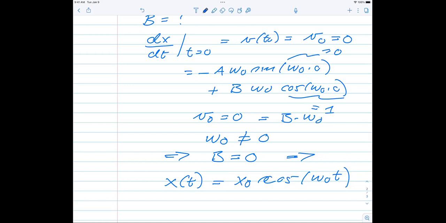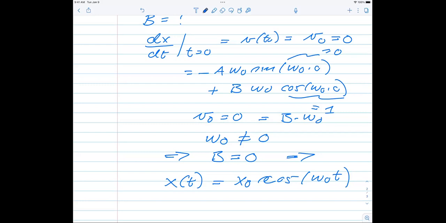Now, if you just have omega 0 equal to 1, right? When does cosine repeat itself? 2 pi. So what you do now to find the period of the system, you simply say that omega 0 times t is equal to 2 pi. And that's when it starts repeating itself.